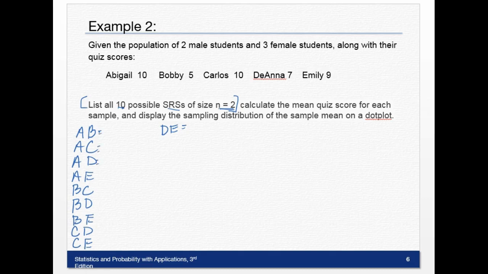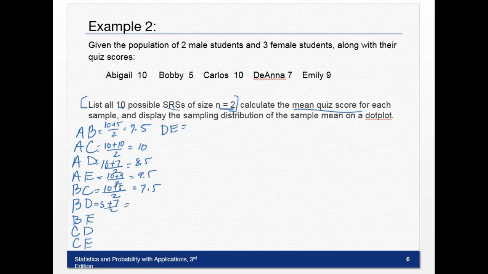Now it says calculate the mean quiz score for each sample. Abigail and Bobby would be 10 plus 5 divided by 2, which gives me 7.5. What I'm doing is averaging the different combinations. Abigail and Carlos: 10 plus 10 is 20, divided by 2 gives me 10.